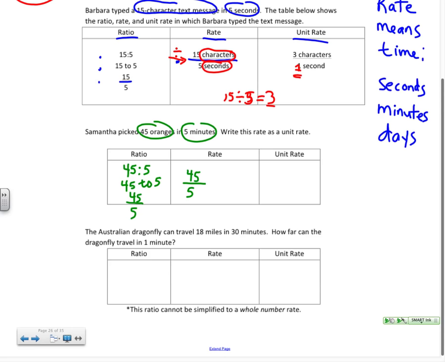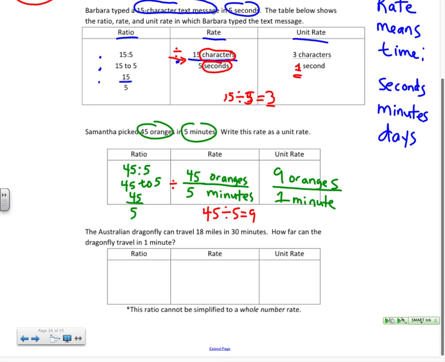So 45 oranges she picked in 5 minutes. Remember, rate is the time, 5 minutes. To find it as a unit rate, divide the numerator by the denominator. So this fraction bar is a division sign as well. So what is 45 divided by 5? It's 9. So 9 oranges, and it's a unit rate. Unit means 1, in 1 minute.